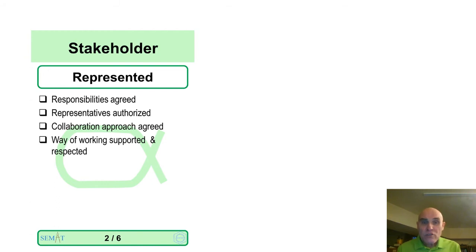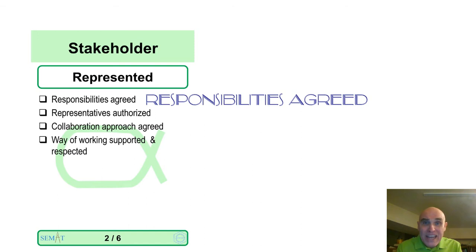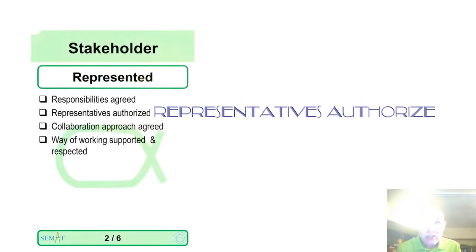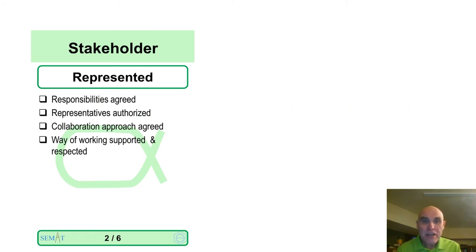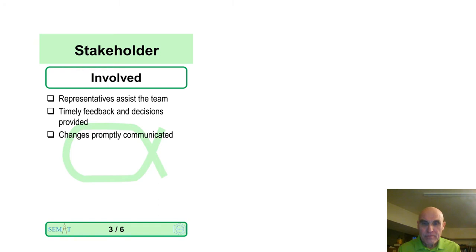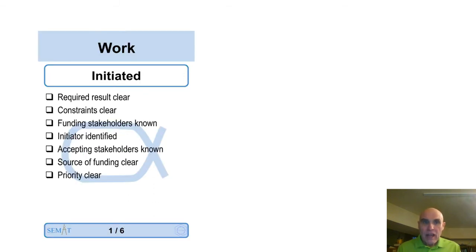One of the reasons we need to define those responsibilities is so when we get representatives, they understand what it is they're being asked to do, and they need to agree to those responsibilities, and they need to be authorized. We also find that we need to follow up to make sure those representatives are actually doing what they agreed to do. They're involved, providing timely feedback.